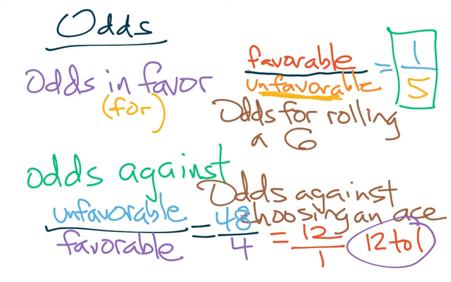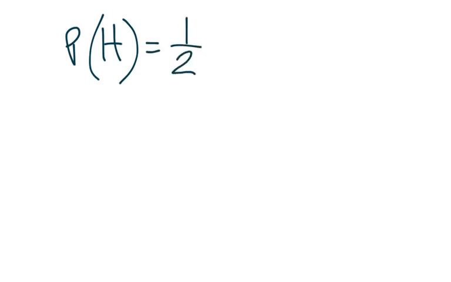Okay, last little point I want to make has to do with experimental probability. So we know when we flip a coin that the probability of me getting heads is exactly, theoretically, 1 to 2.